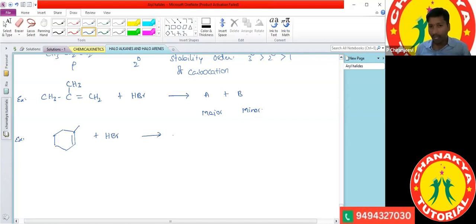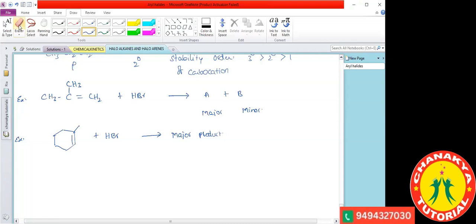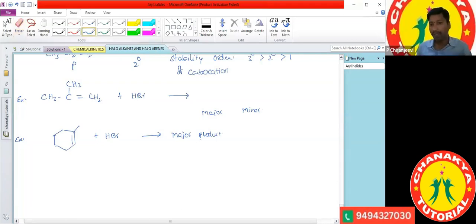I'm asking only the IUPAC name of the major product. The first one Aditi already gave the answer. Now I'm going to write the structures. Sir, is it 1-bromo 1-methyl cyclohexane? Very good, Aditi. 1-bromo 1-methyl cyclohexane.